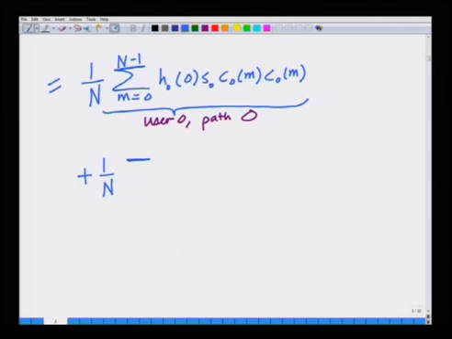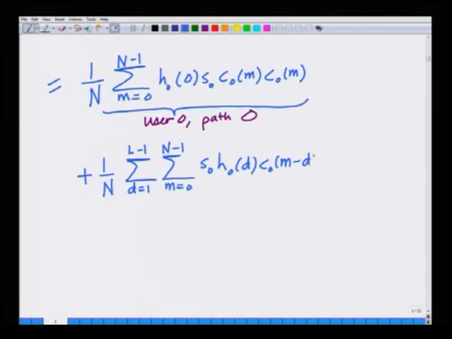This I will write as summation d equals 1 to L minus 1, summation m equals 0 to n minus 1, s 0 symbol of user 0, h 0 of d, that is the channel coefficient corresponding to the dth lag, c 0 of m minus d times c 0 of m.